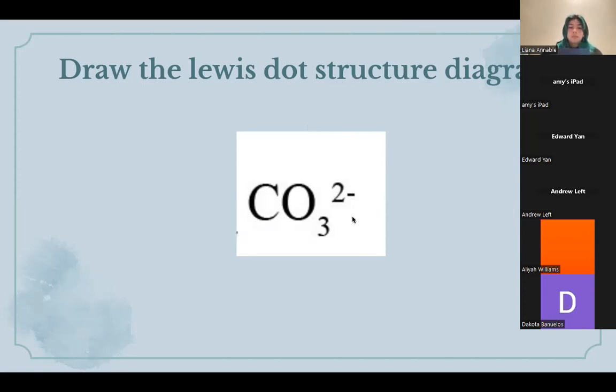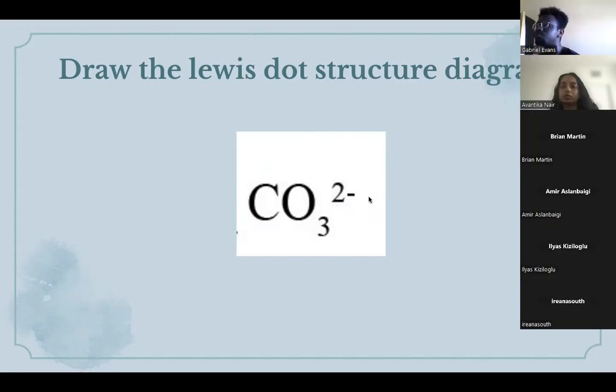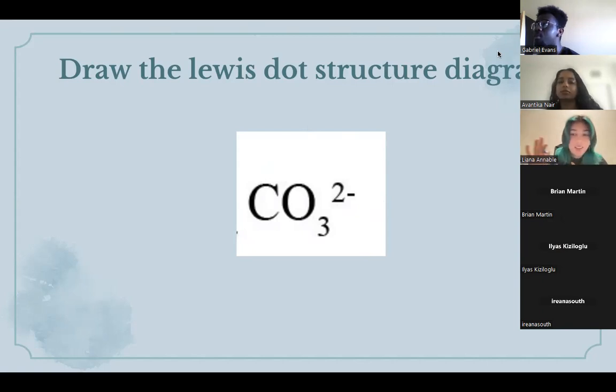When it's written, the brackets go around the entire Lewis structure with the 2 minus to indicate the charge. The contents inside should remain the same regardless of whether you do the brackets or not. Okay, cool. Thanks. Okay. Does anybody want to walk me through this?